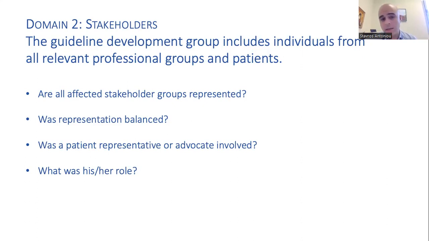Since it's a surgical guideline, it may be justified to involve a larger number of surgeons, but other stakeholder groups need to be represented, and there should be an equal representation among supportive stakeholder groups.